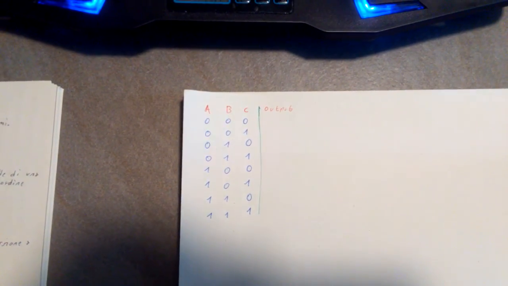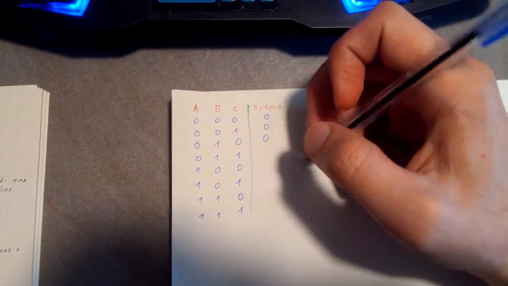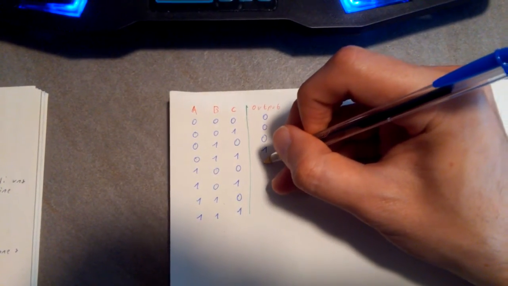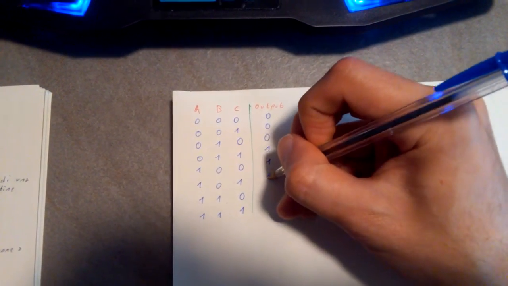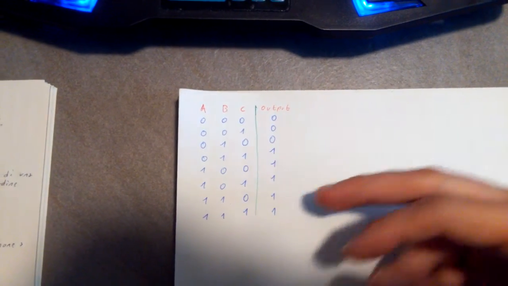Let's suppose we have something like this, 0, 0, 0, 1, 1, 1, all the way down to here. Let's suppose we have a certain function with this truth table.